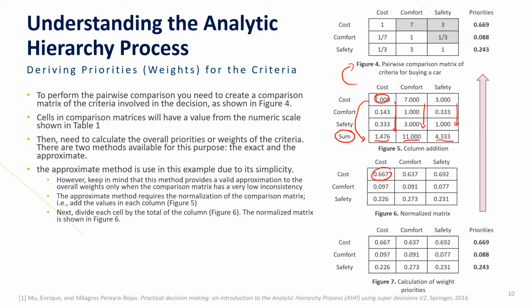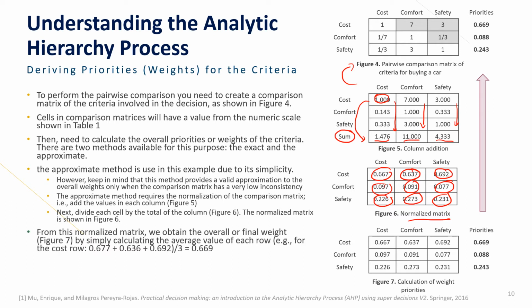And this one, 0.637, is equal to 7 divided by 11.000. Do all of this the same way, then you will get what is called the normalized matrix.